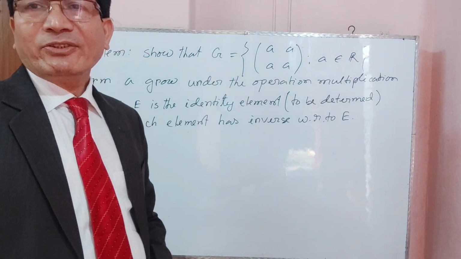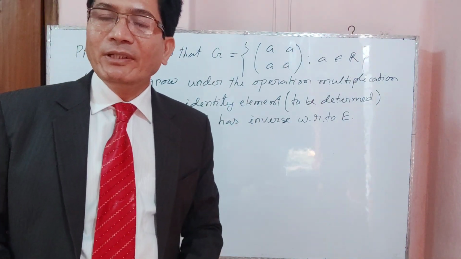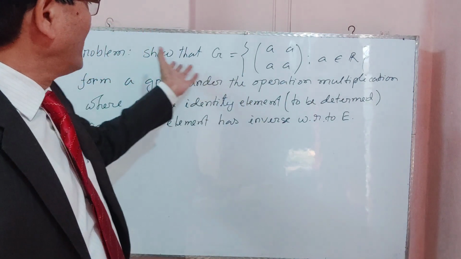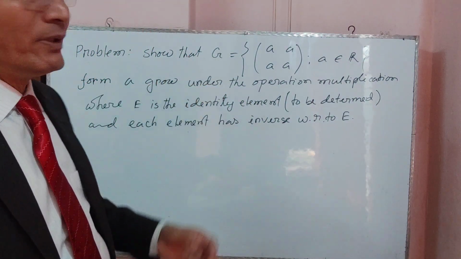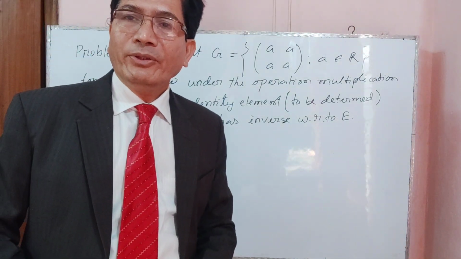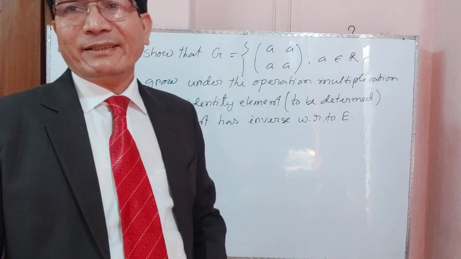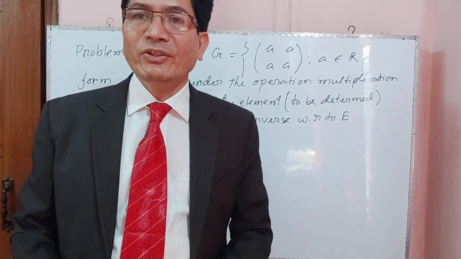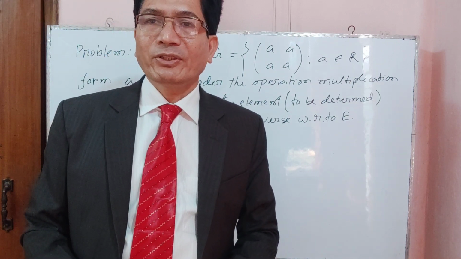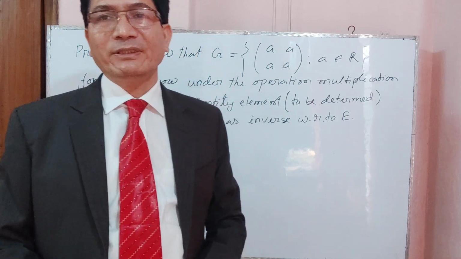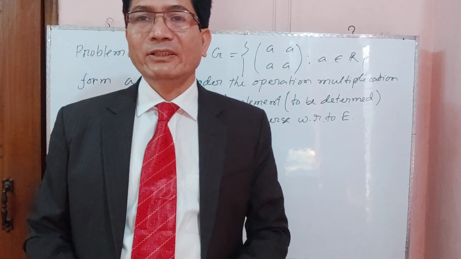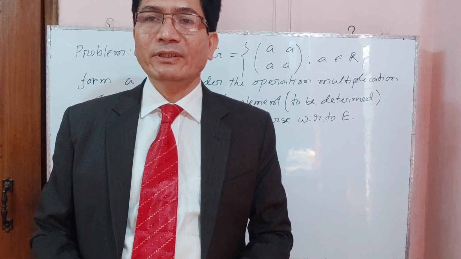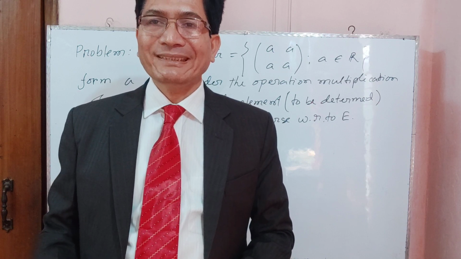So dear students, we gradually prove the four conditions to be a group. We know that a set needs four conditions to be a group. First condition is closure property, second is associative law, third is existence of identity, and fourth is existence of inverse of each element.